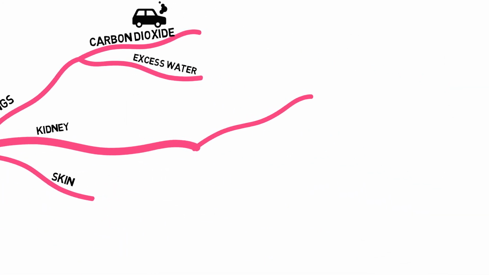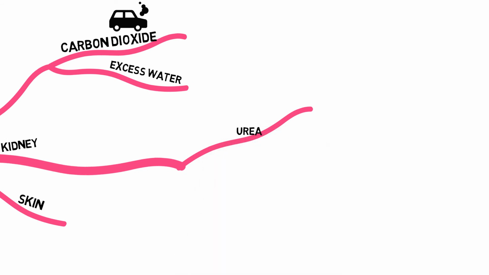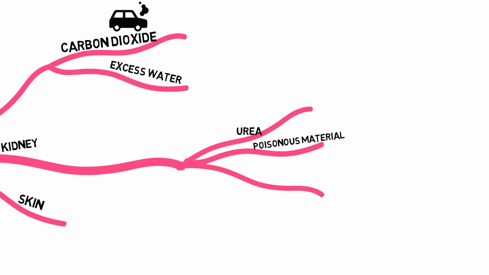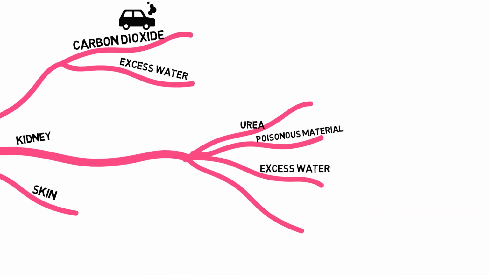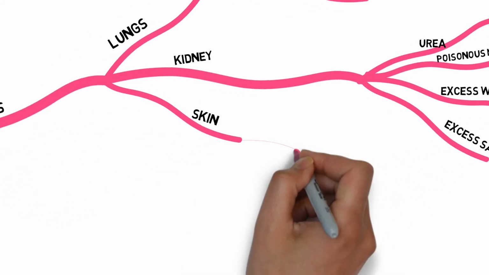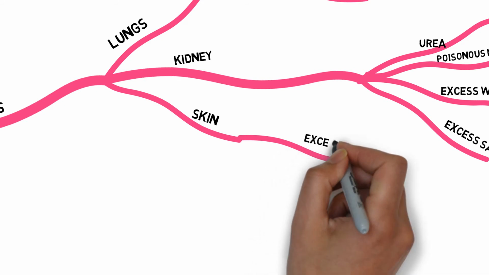We have urea, we have poisonous material, and this could be excess medicine and so on. Then we have excess salt. Then under skin, we can have 2 branches because we have excess water and excess salt.